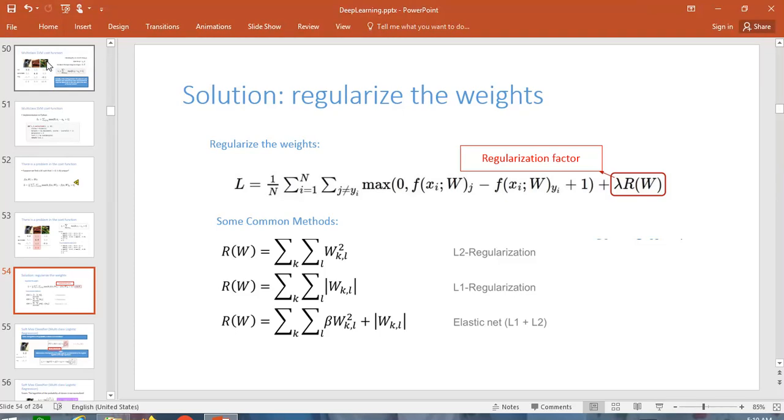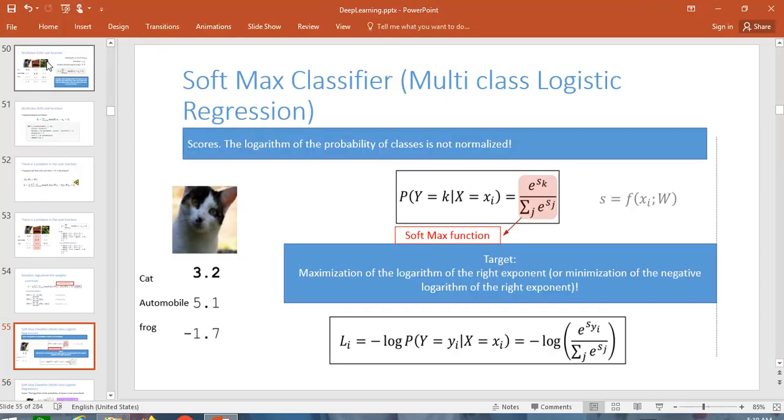We can add the square of the parameters together, which is L2 regularization. We can add the absolute values of the parameters together, which is L1 regularization. Another way is to use a combination of the two, called soft L1, which is the same as L1 but is replaced by L2 only in the interval minus a half to positive a half.